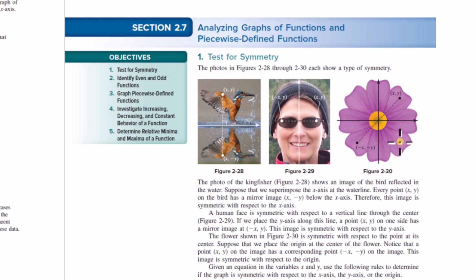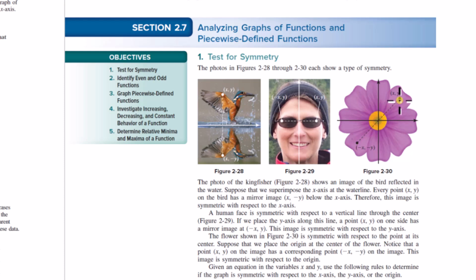That's what it seemed like to me. Well, if you're symmetric with respect to the origin, that means you're symmetric with respect to the x and y axis. No, you could be symmetric with respect to the origin, but not symmetric with respect to both the x and the y axis, or either. Like, you could be symmetric with respect to the origin and also not symmetric with respect to the x or y axis. But why is this symmetric with respect to the x-axis, the y-axis, and the origin?